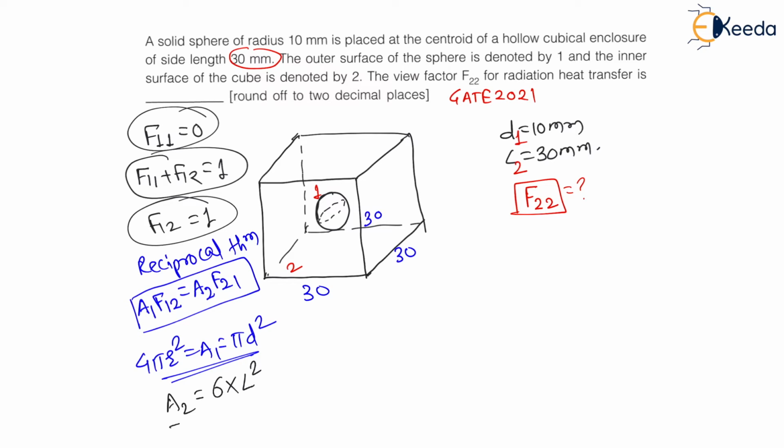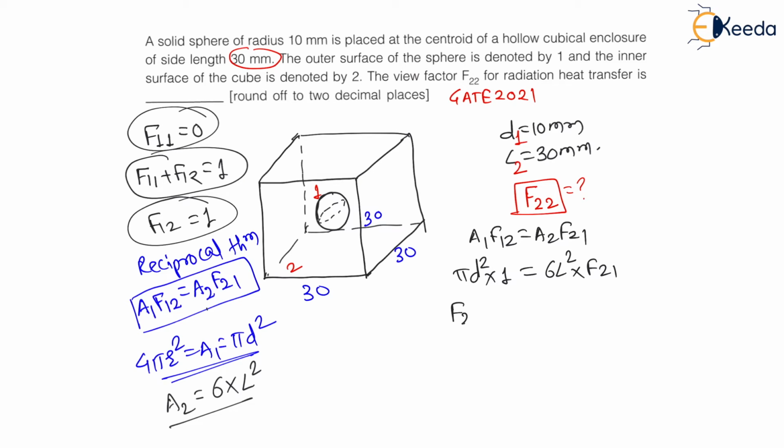This is area A2. Therefore, the reciprocal theorem is A1 F1 to 2 is equal to A2 F2 to 1. A1 is pi d square, F1 to 2 is 1, is equal to A2, which is 6L square, into F2 to 1, unknown.